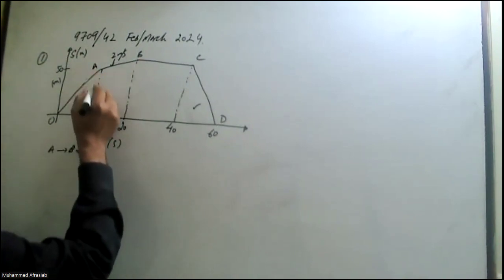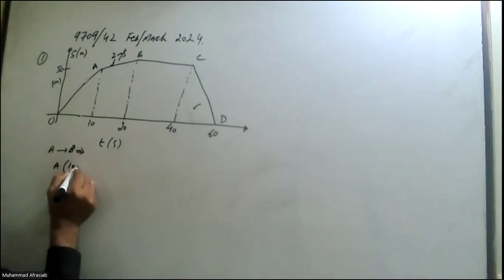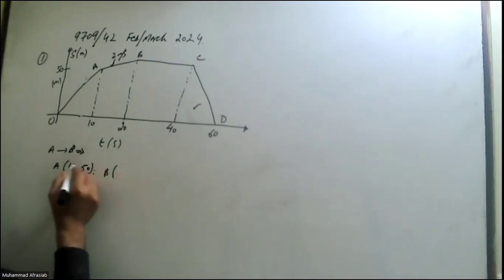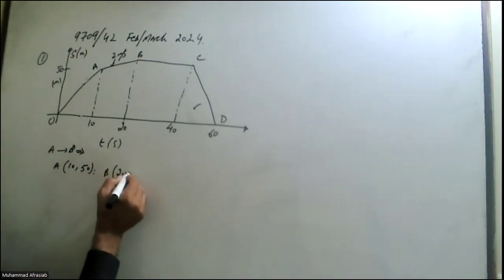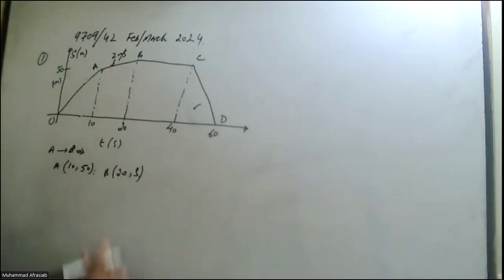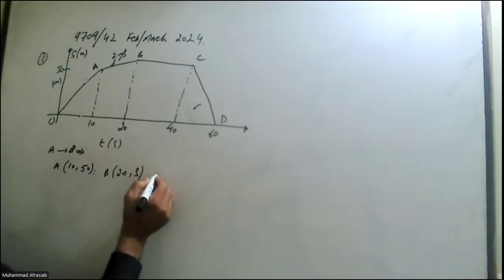For the A coordinate, it is 10 and 50. For the B coordinate, it is 20 and let's say S distance there, and the speed there is 2 meters per second.